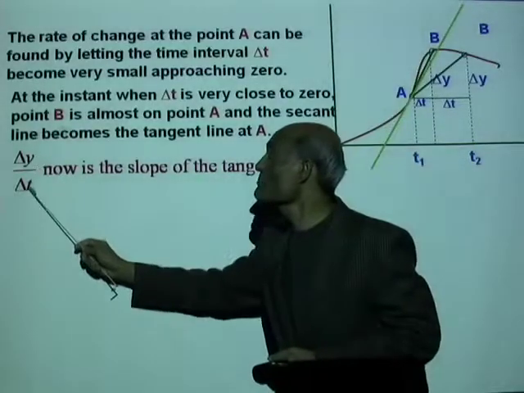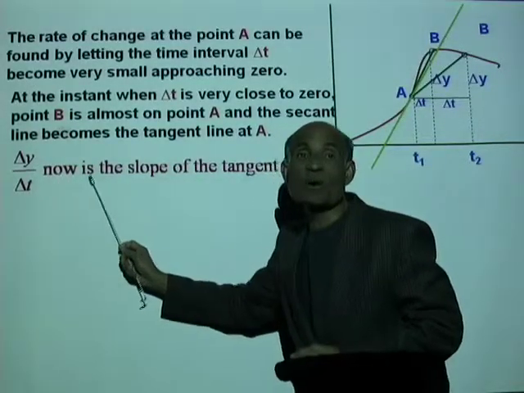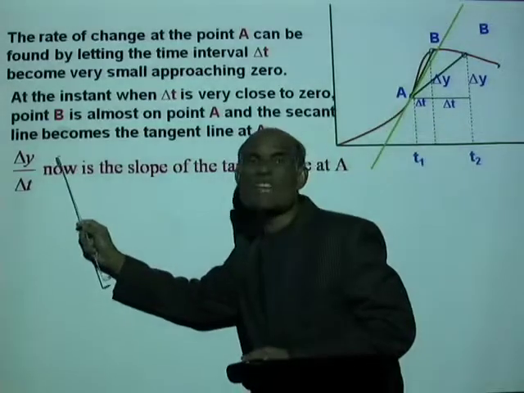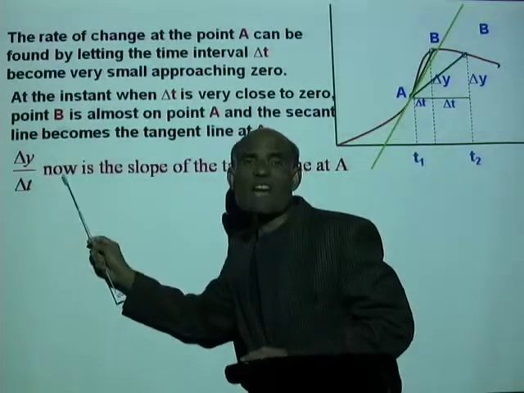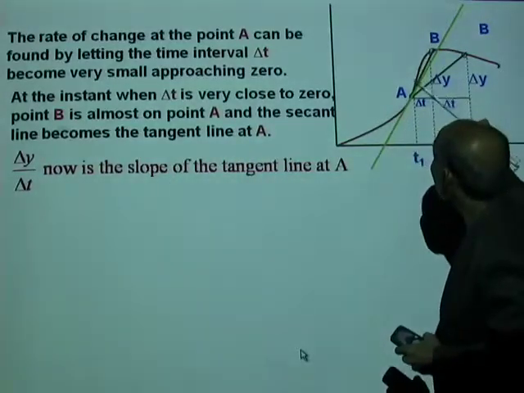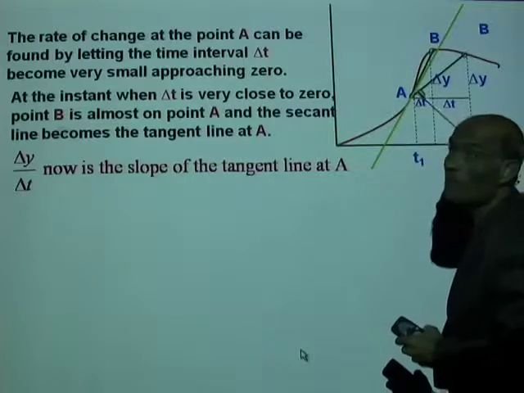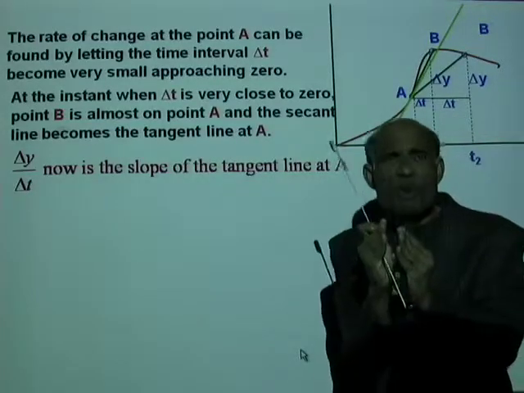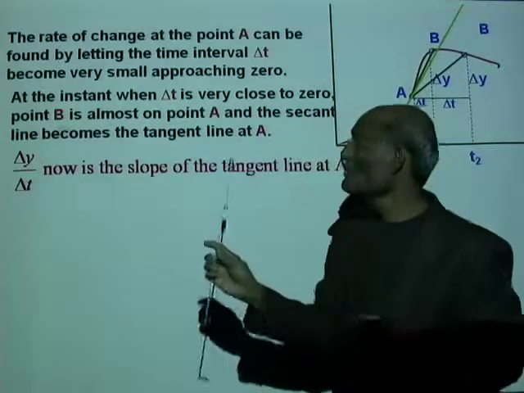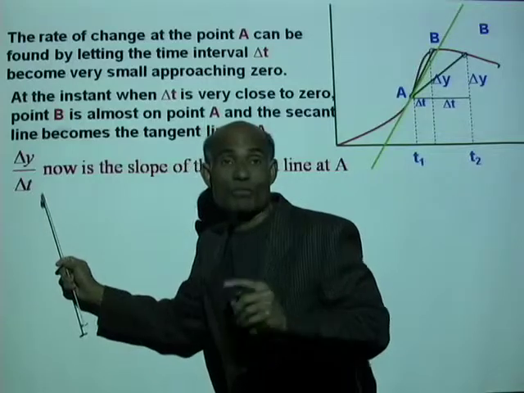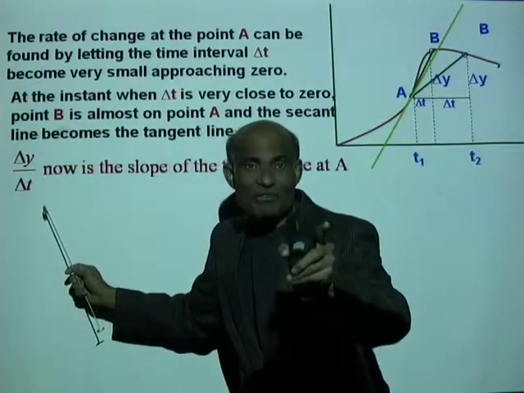So, delta y by delta t now is the slope of the tangent line. Now, what does that "now" mean? Now means when B is very close to A, so that the time delta t is very close to 0. We talked about limiting value, didn't we?